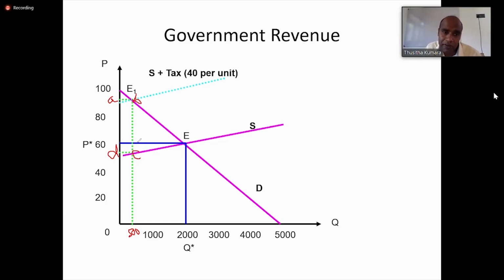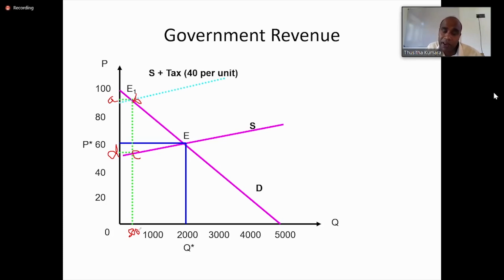This is the equilibrium with 60 as the price and 2000 as the quantity. Then we put a 40 rupee tax. When we put the 40 rupee tax, the intercept goes up by 40, and everything goes up by 40. So we have a new supply curve like this. This is S plus tax. So the new equilibrium will not be at point E, it will be at E1, because we have a new supply curve. This is the supply curve, this is the demand curve, so the new equilibrium is E1.